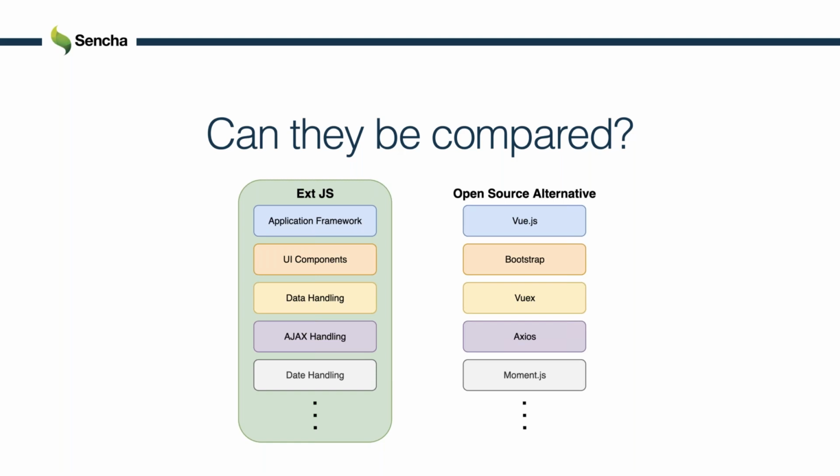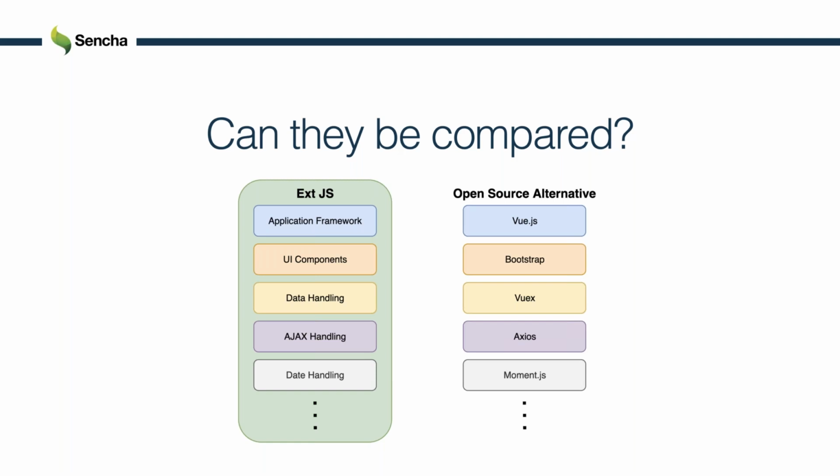So really, when you're comparing ExtJS to one of these big three, to get an apples to apples comparison, you have to include all of these other packages that you bring in when you start your project. So you're comparing ExtJS as one thing with potentially 10, 20, 30 different packages all needing to work together to bring that feature parity between the two.